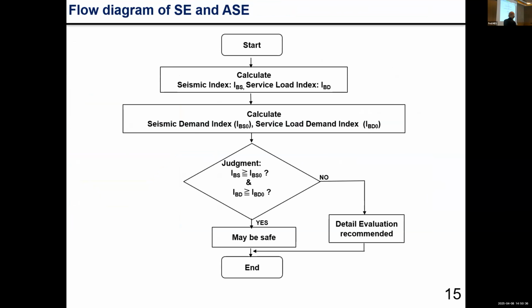Here we calculate the seismic index and the service load demand index, and the judgment is whether the seismic index and service index are larger than the demand index or not. Based on that, we have to decide whether to go for detailed evaluation. And if the seismic index is larger than the demand index, maybe it will be safe.